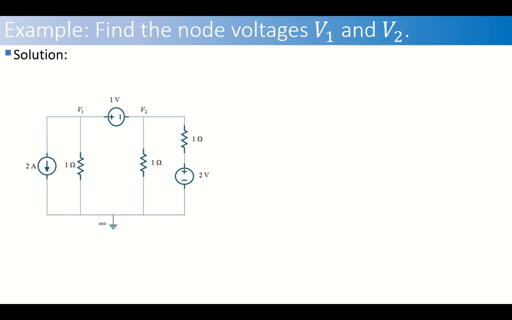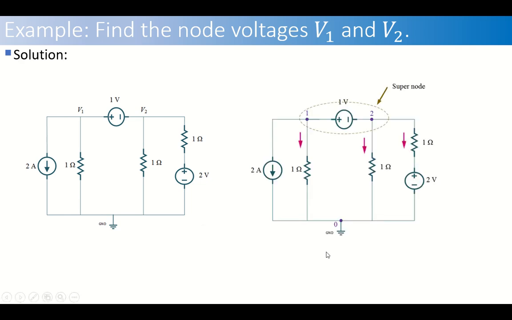So let's see the solution. We can redraw the circuit as shown in the second diagram. This is the ground node. You can see that there are two non-reference nodes, V1 and V2. It also means that we have to construct two equations.